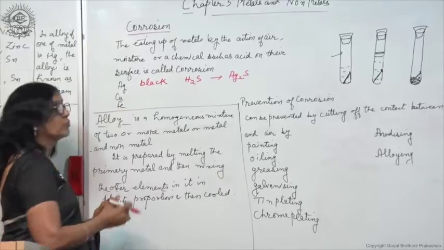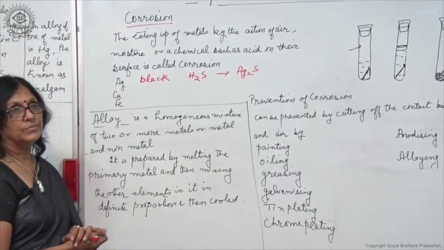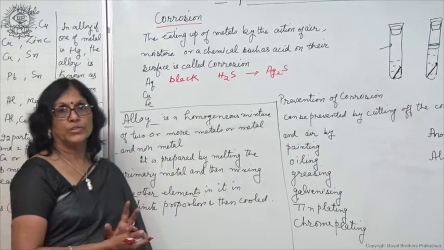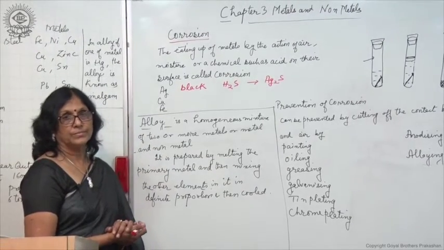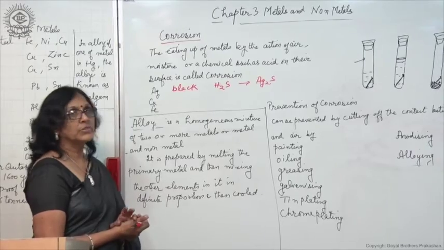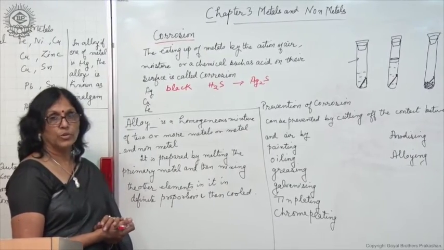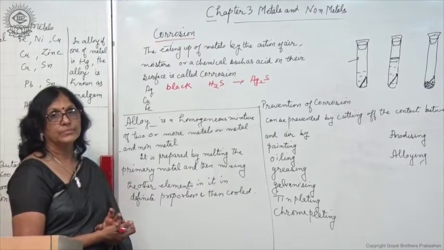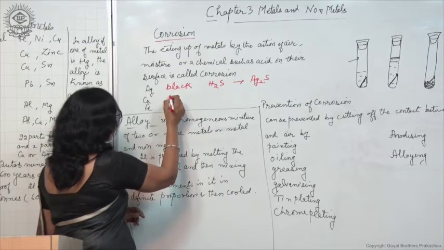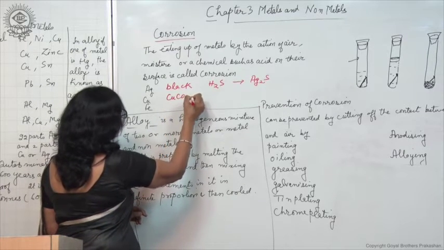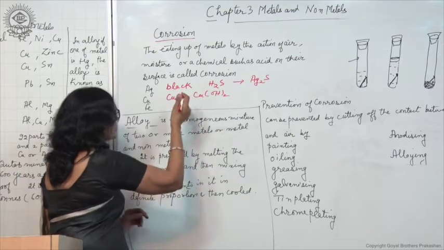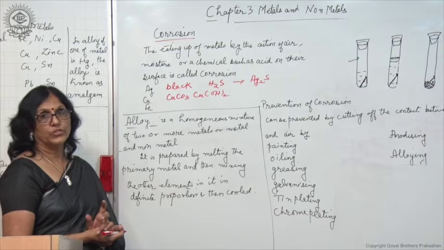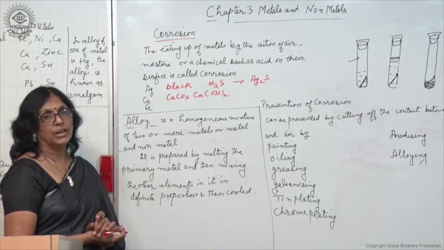Copper is also a least reactive metal, and copper utensils, copper statues, if anything of copper is made, it also becomes green in color on exposure to air for a long time due to the formation of carbonates and copper hydroxide. It combines with carbon dioxide present in air and moisture present in air, and forms carbonates and hydroxides.